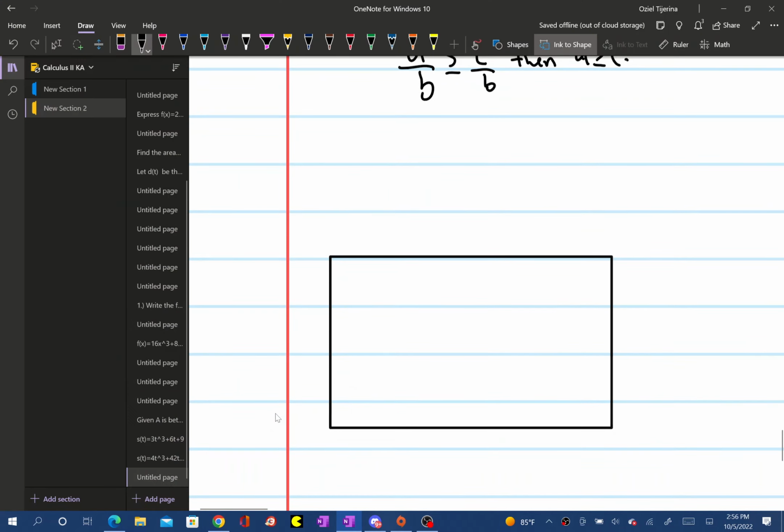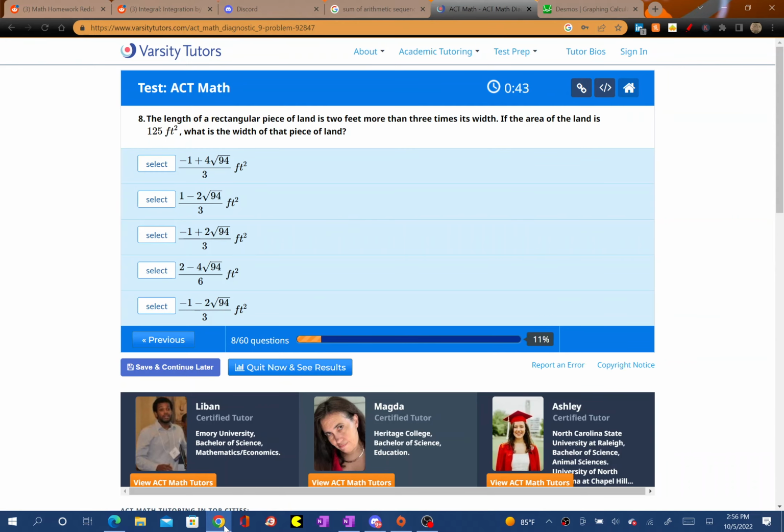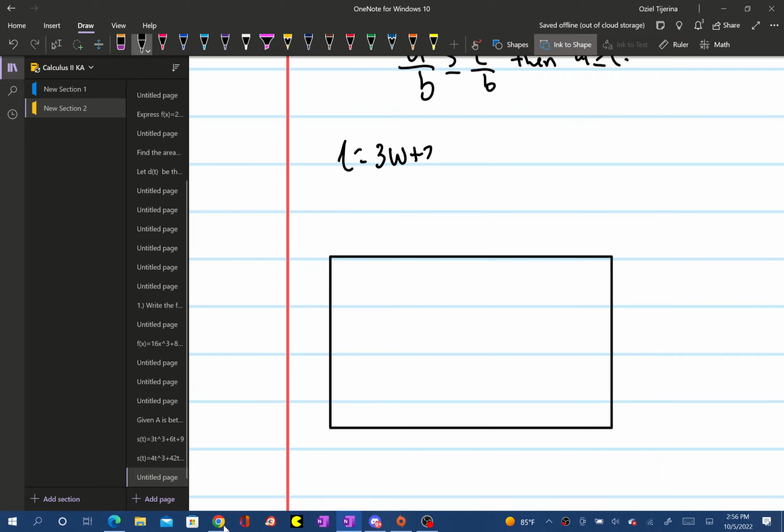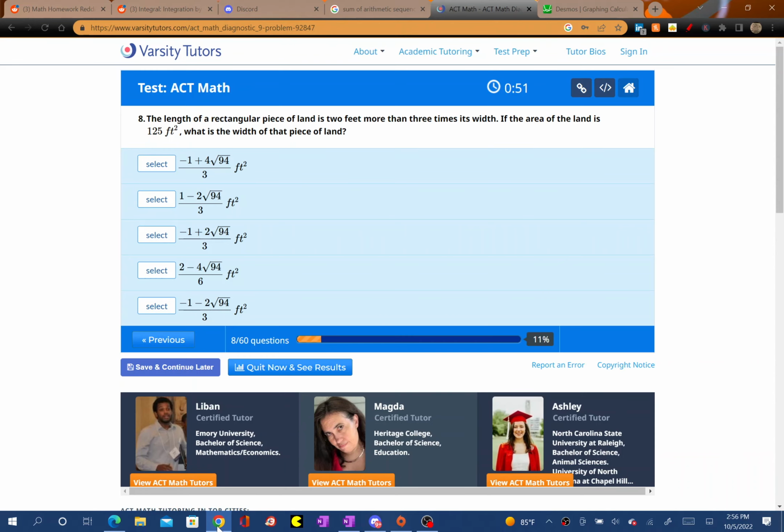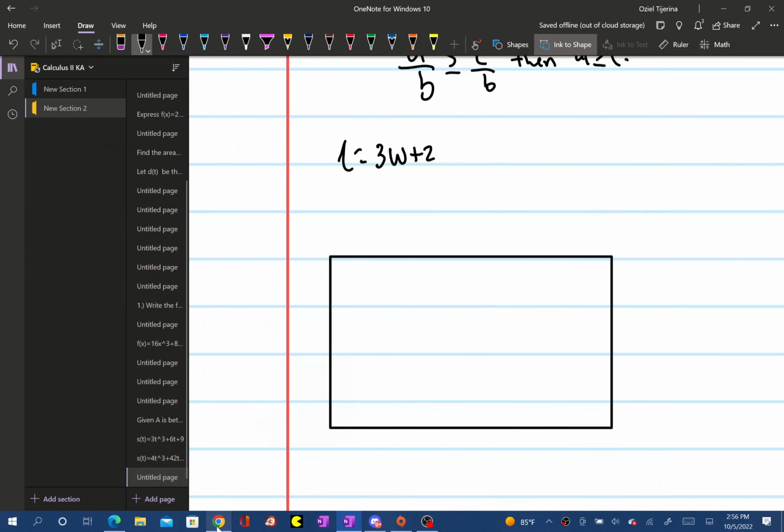So L is 3 times the width, plus 2 feet more, so 3W plus 2.